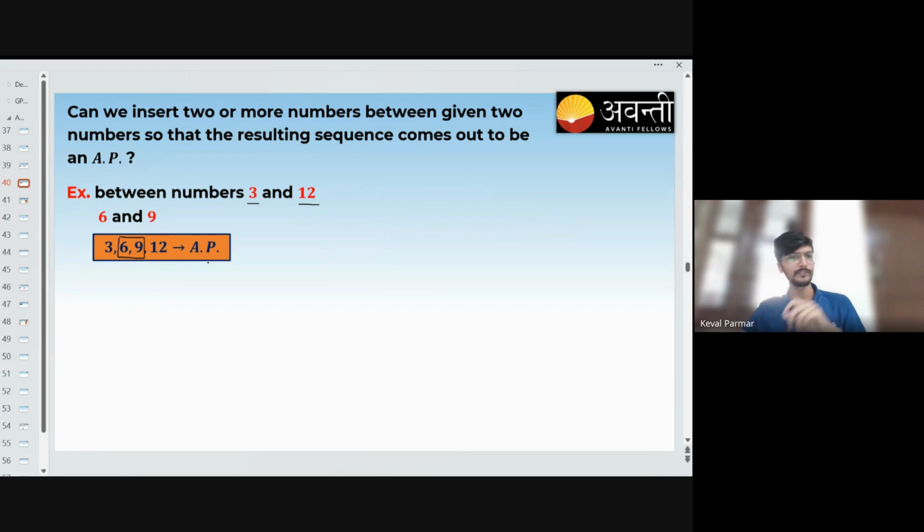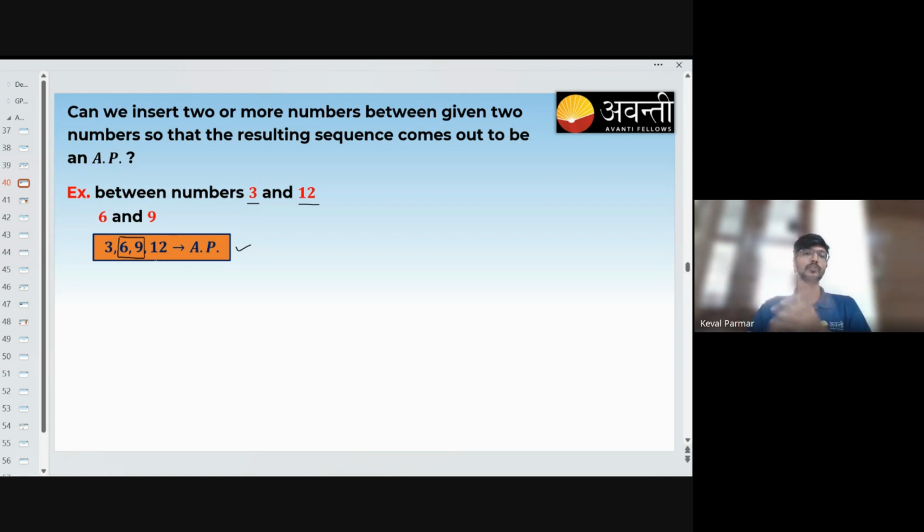Yes, it's possible, and those numbers are 6 and 9. As you can see, this sequence 3, 6, 9, 12 is in AP. So it is possible to insert multiple arithmetic means between two numbers, and then the whole sequence will become an arithmetic sequence.